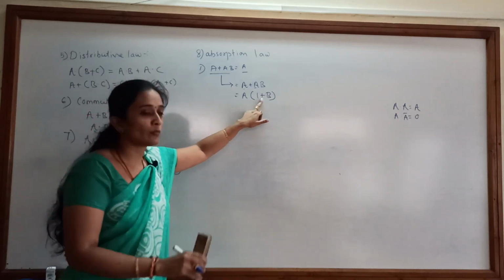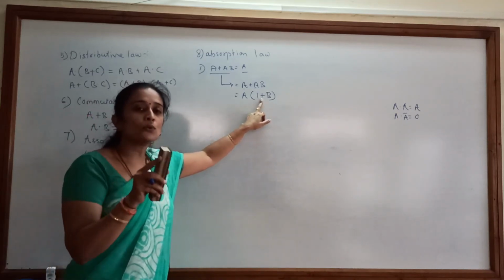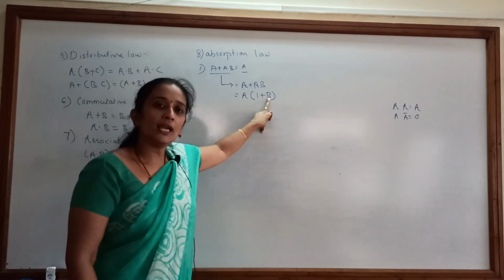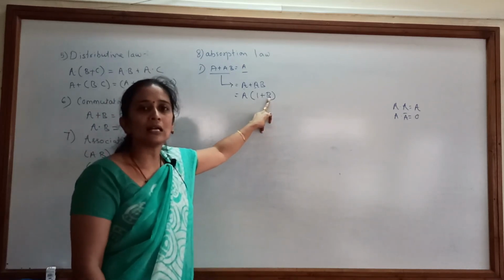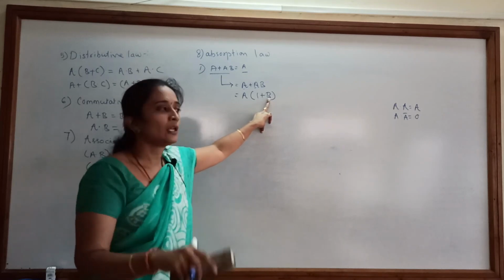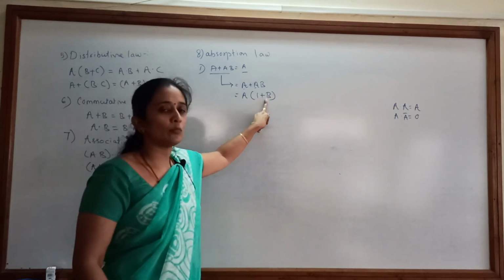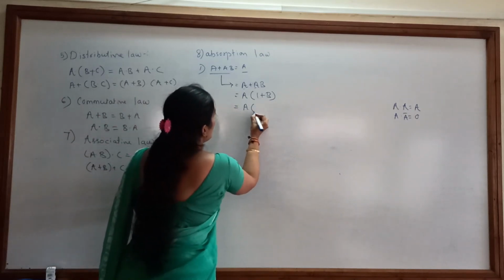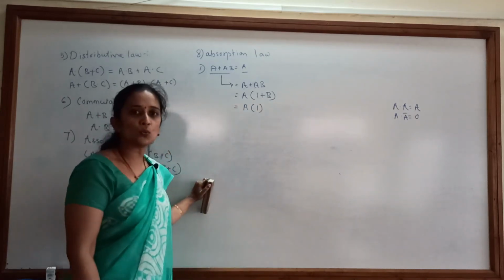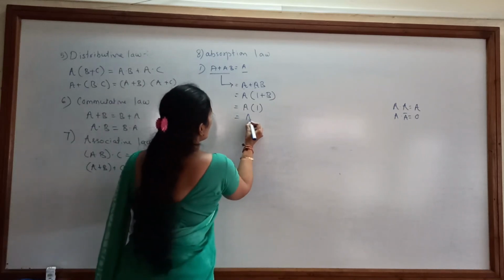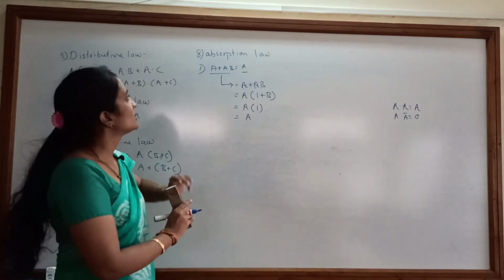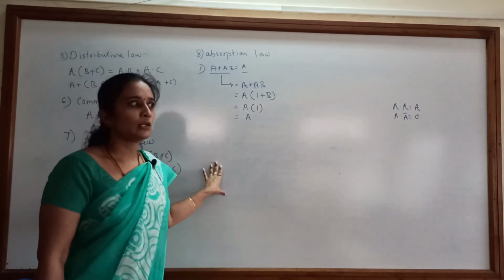This is OR gate. Plus means OR gate. In rules of OR gate, if we add number 1 to any variable, our answer will be 1. Therefore, we can write like this: A into 1. A into 1 is equal to A, which is nothing but RHS. This is first absorption law.